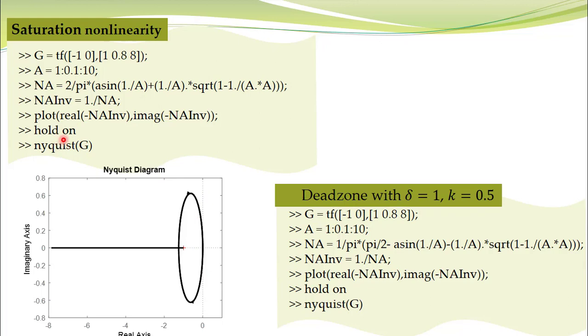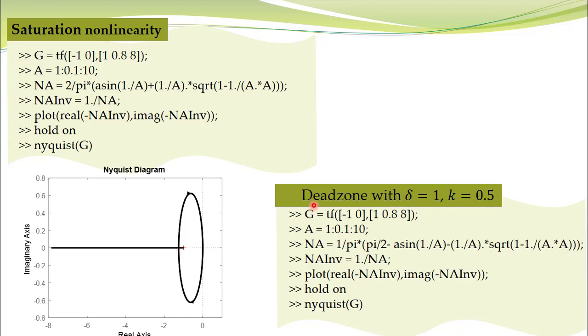And on the same graph, we plot the Nyquist diagram that is given by this thing, and there is an intersection of the two graphs. That means there exists a solution to this equation that we also verified by analytical technique.